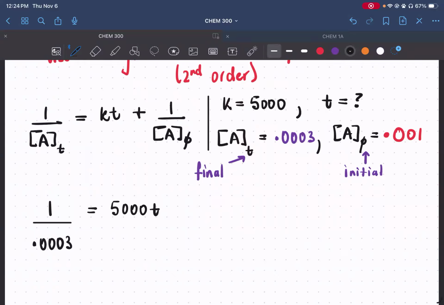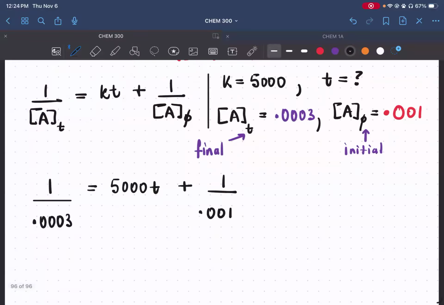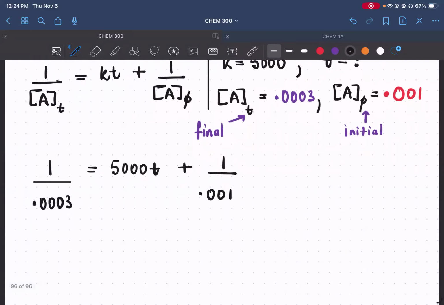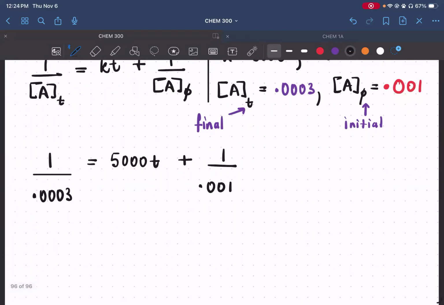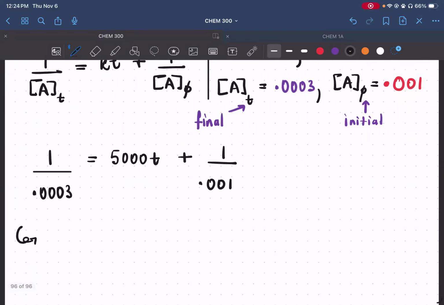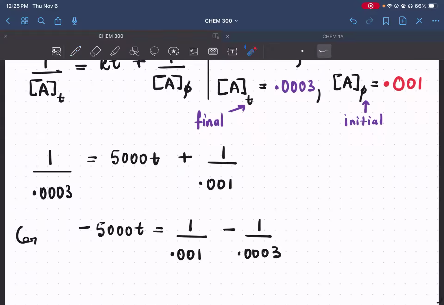We're trying to find T. Add it to 1 over 0.001. With a little bit of rearranging, we get negative 5,000 T is equal to 1 divided by 0.001 minus 1 over 0.0003. Take a second to understand how I got here.